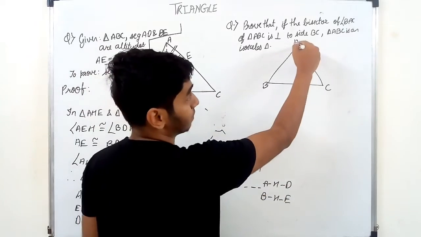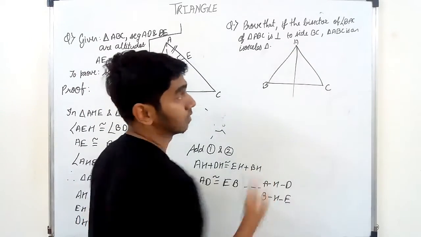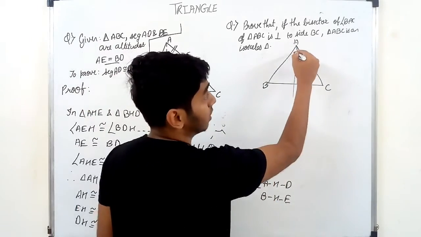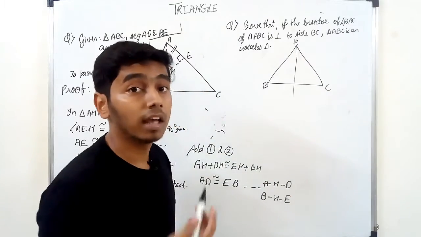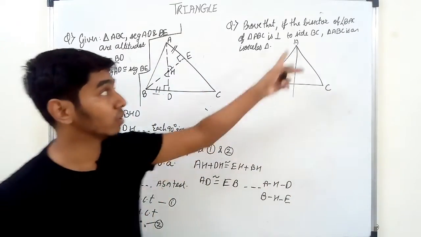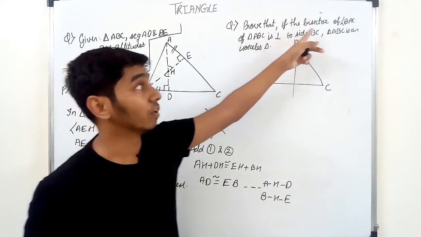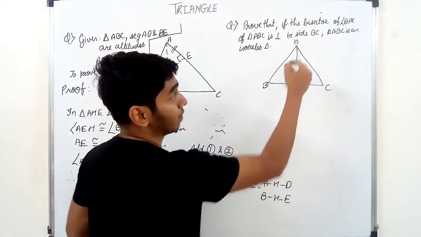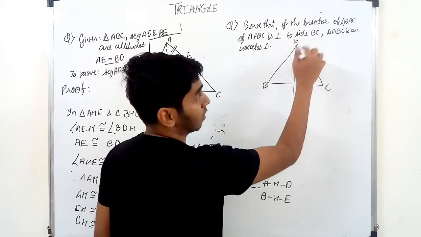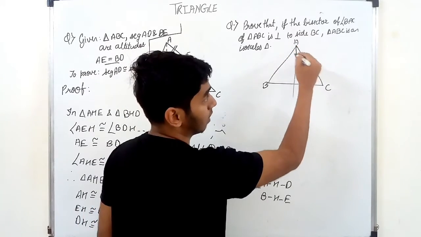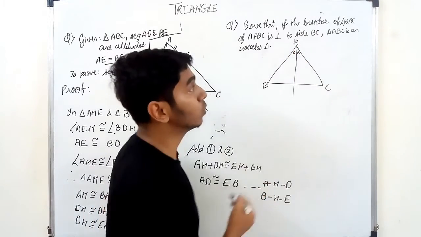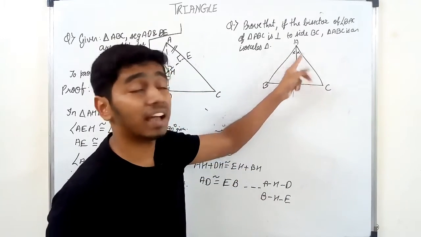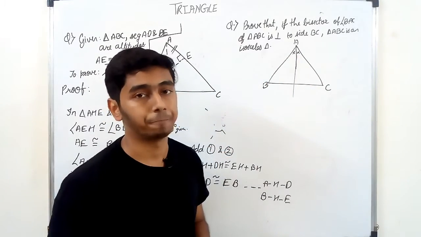So bisector actually means what? That it divides. If you are drawing a bisector for an angle, then it is an angle bisector. Yes or no? Therefore this will divide the angle into equal parts, so this and this angle will both be the same.